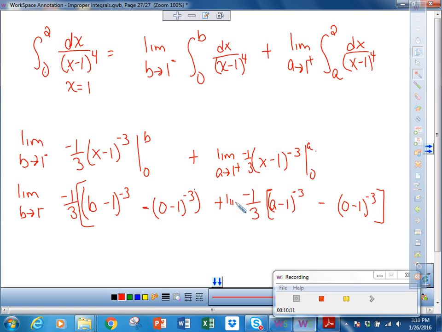And again, this is the limit as a approaches 1 from the right.